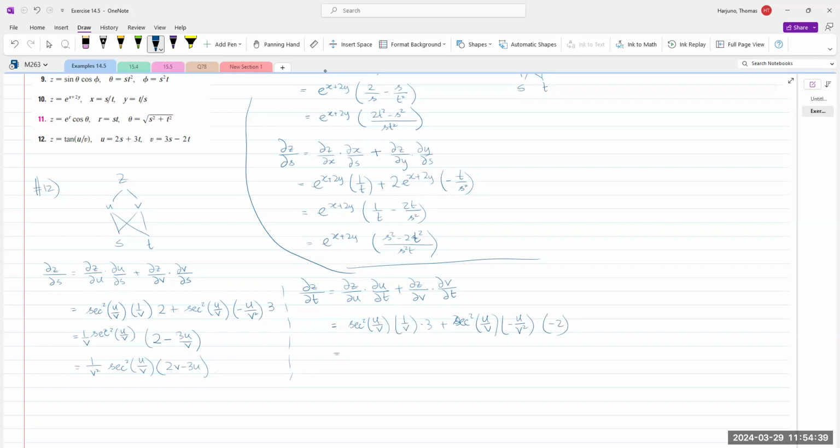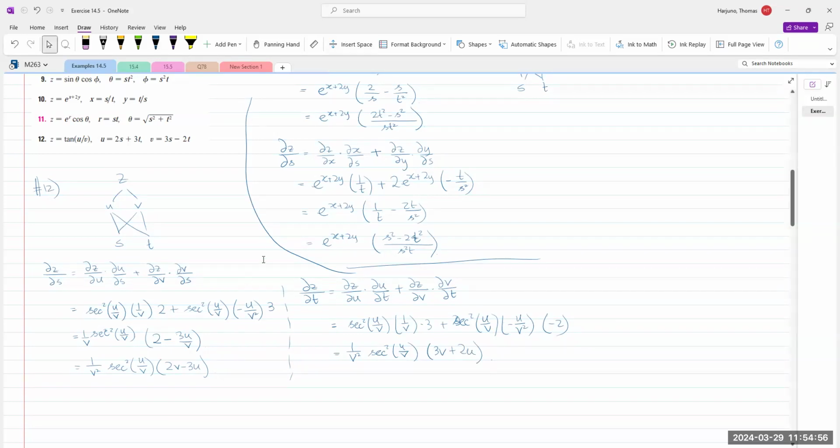So I will factor 1 over v squared secant squared of u over v, that's 3v plus 2u. Okay, that's for number 12.